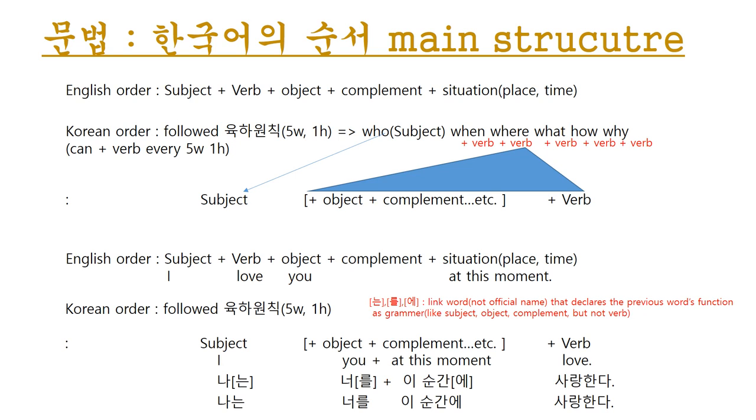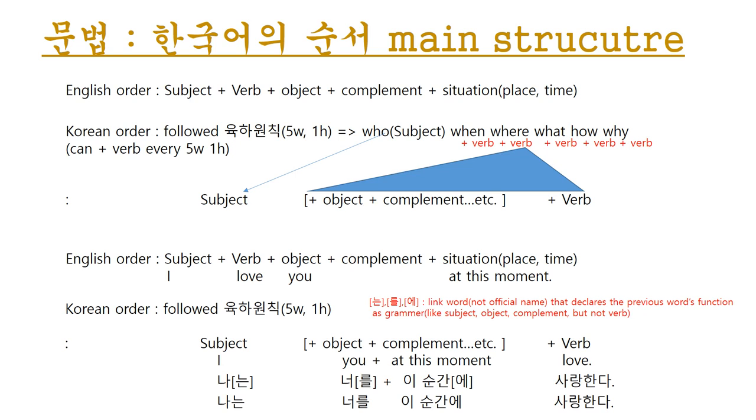Korean order is subject I, object you, plus no complement, plus situation at this time, plus verb love at the last.